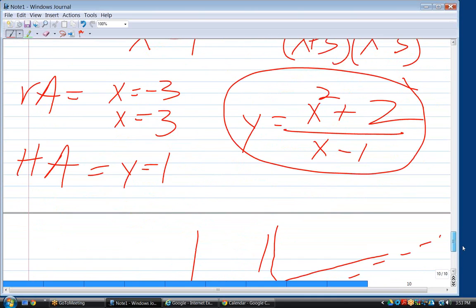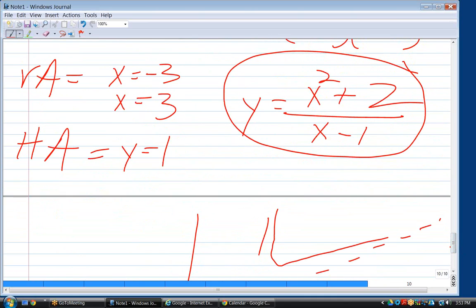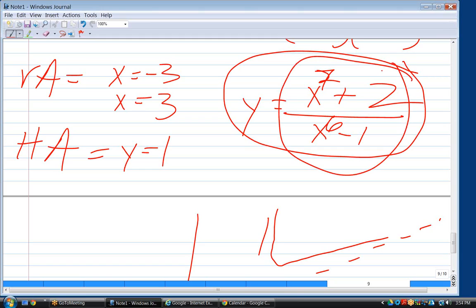And you only get an oblique asymptote when the numerator is exactly 1 degree higher than the denominator. It doesn't matter if it's this situation or I could have x to the 7th over x to the 6th. As long as they're separated by exactly 1, when I do this division, I'm going to get a linear function, a straight line, with some remainder.